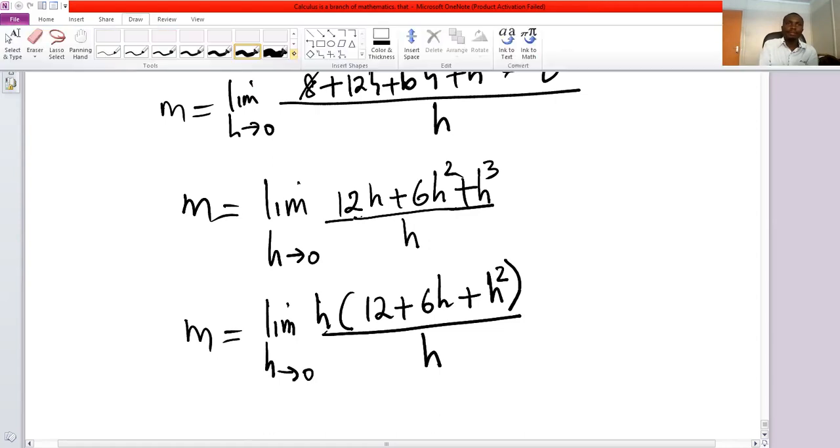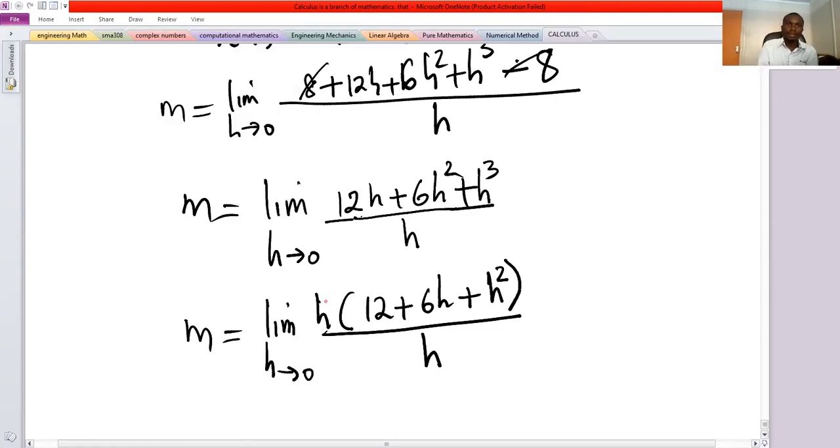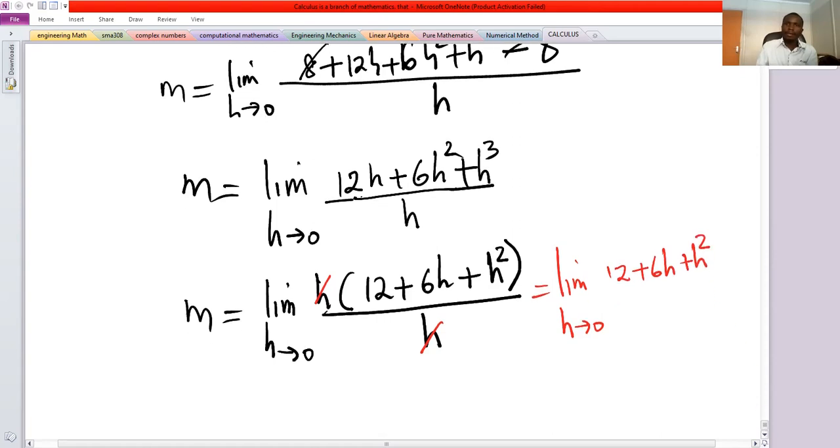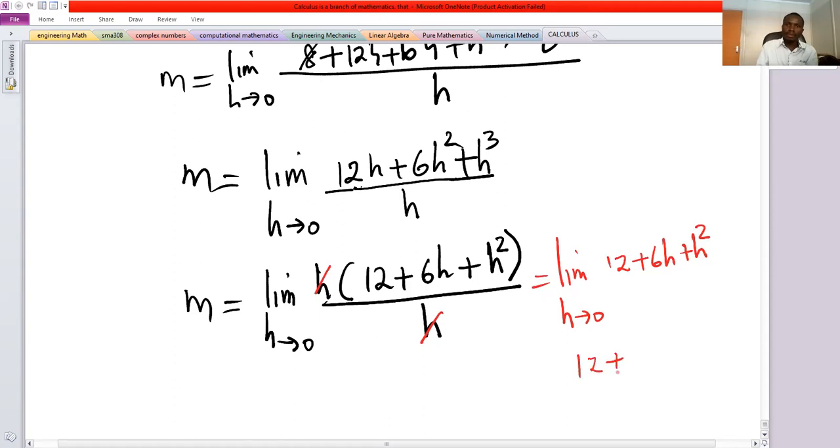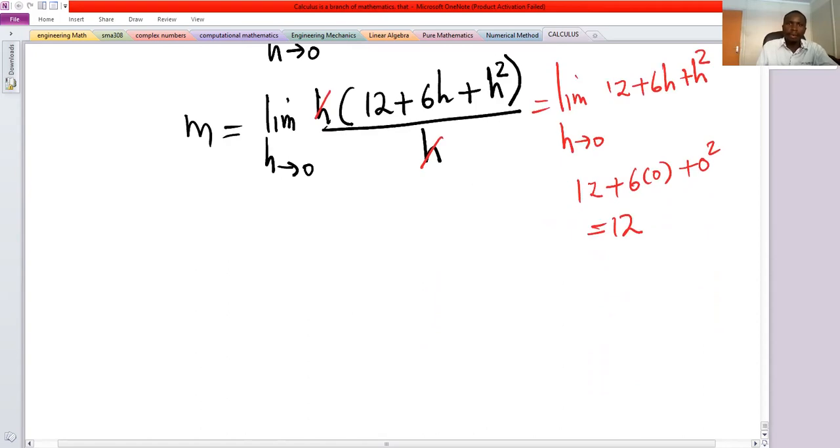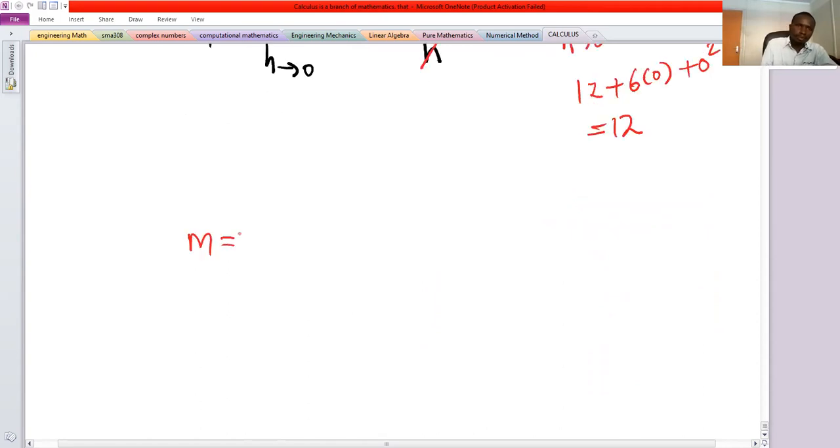And then we can cancel out the h. So we'll have the limit as h approaches 0 of 12 plus 6h plus h squared. Direct substitution will give us 12 plus 6 times 0 plus 0 squared. The answer will be 12. So m is 12. So the slope is 12.